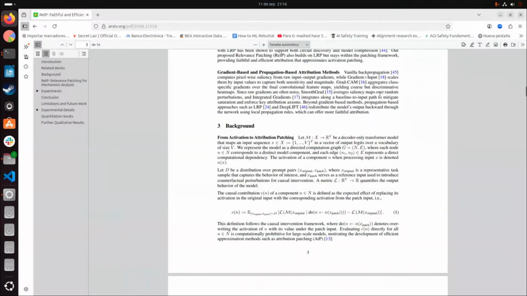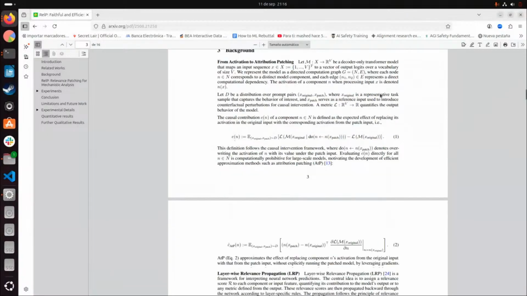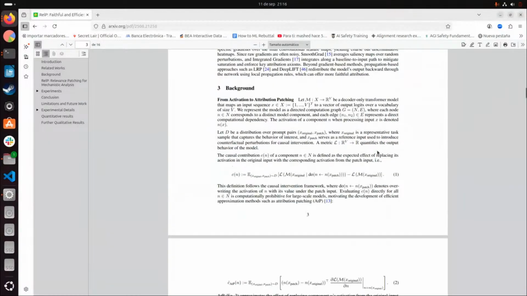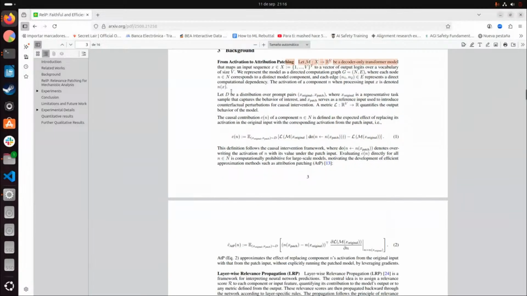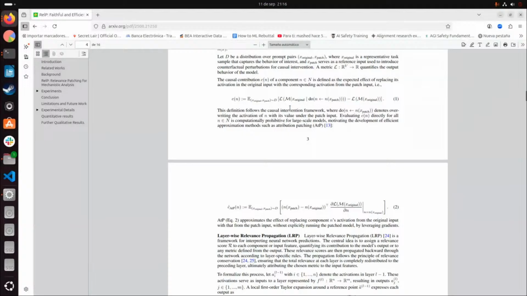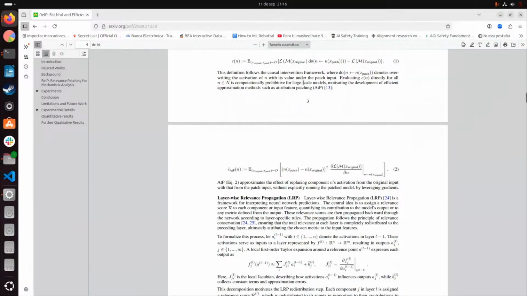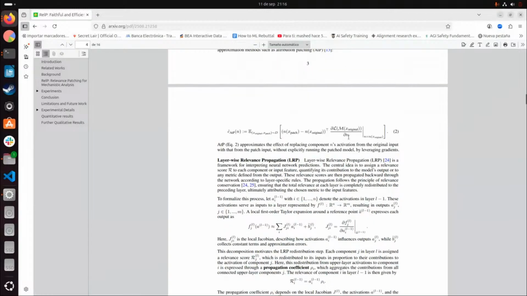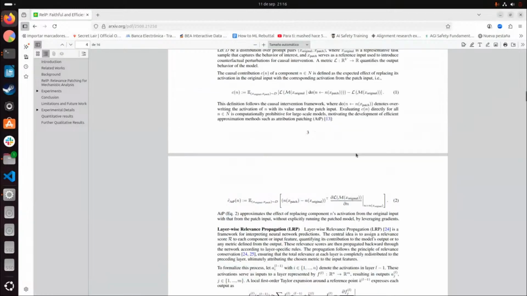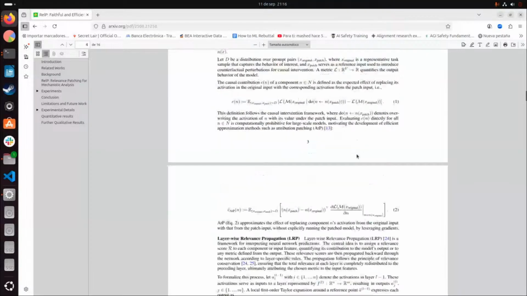Something where I was confused because they multiply the gradient by the input, and maybe it's related to that. Anyway, background: from activation to attribution patching. This is just an explanation of attribution patching, mostly the thing I already explained before, with more math.